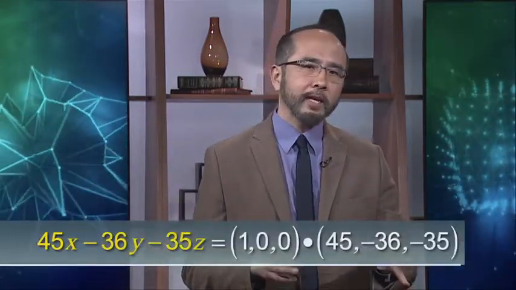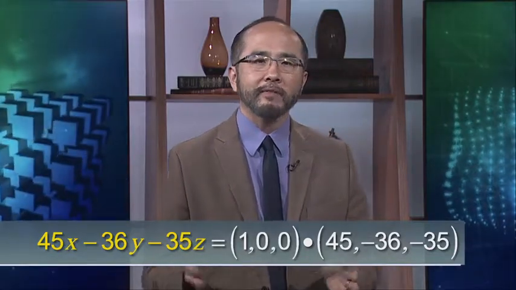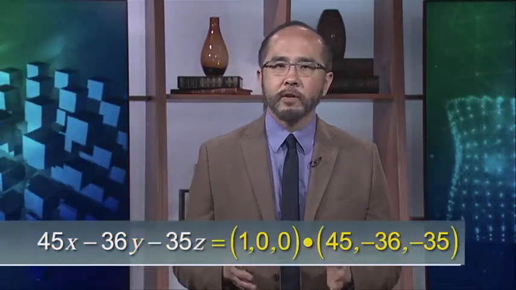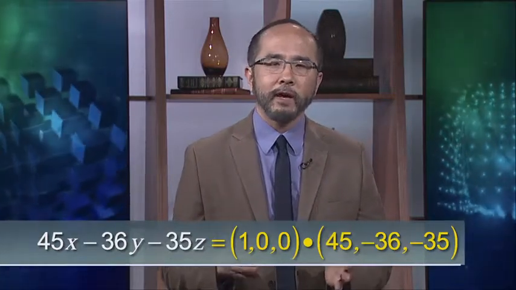Then the normal form of this plane is 45x minus 36y minus 35z on the left side, and 1, 0, 0 dot 45, minus 36, minus 35, which gives 45 on the right side. So the equation is 45x minus 36y minus 35z equals 45. Now what's the relationship between this form of the plane and the parametric form we derived earlier?